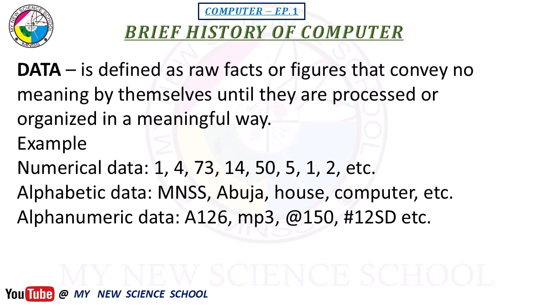Data is defined as raw facts or figures that convey no meaning. Raw means unprocessed. So they are raw facts or raw figures that convey no meaning. On their own, they are meaningless until they are processed or organized in a meaningful way.